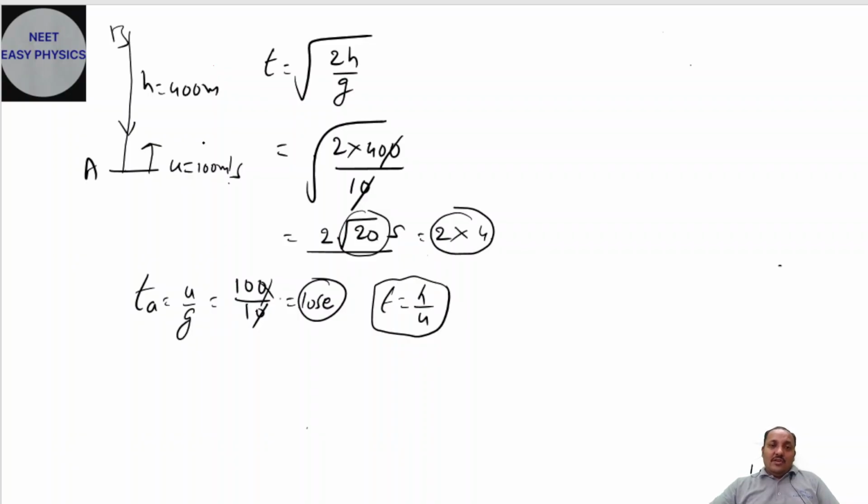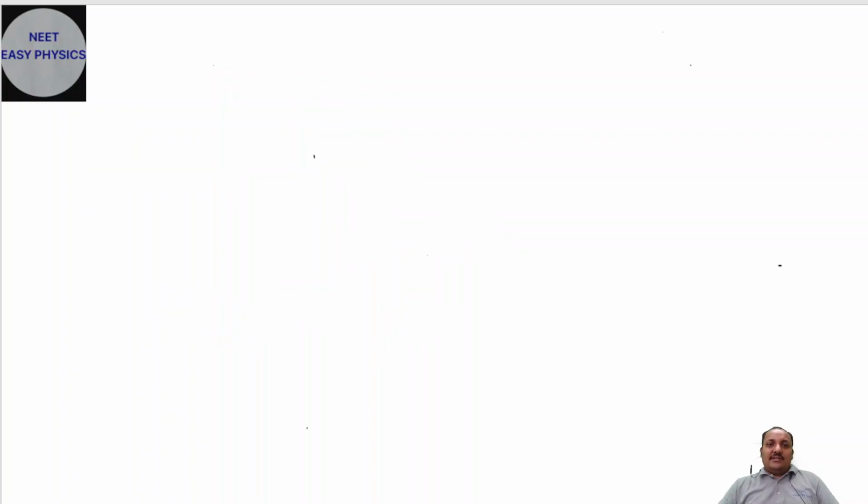Sometimes these two objects will not meet at some point. How we will come to know whether they are meeting or not is by taking this formula only. If I give one example, you people can understand. An object is dropped from 500 meters height.